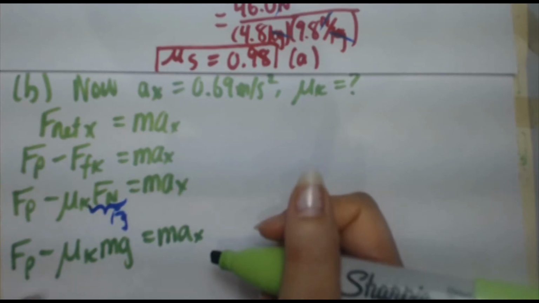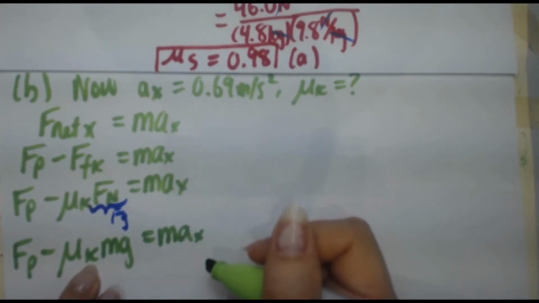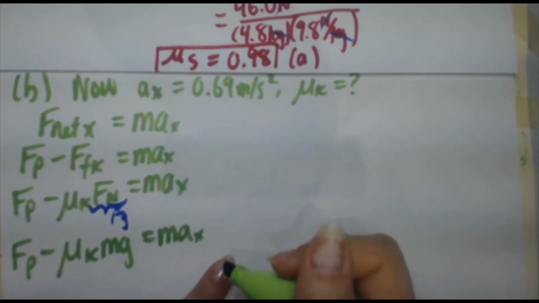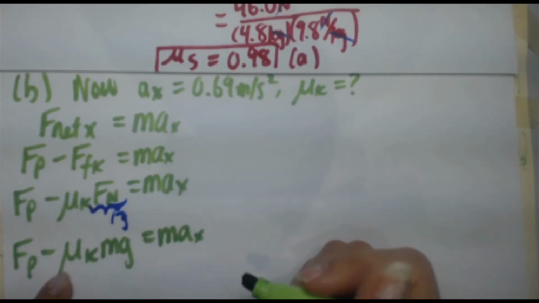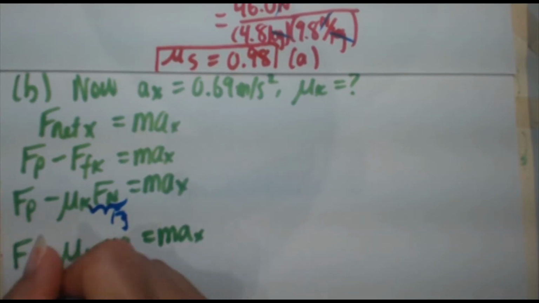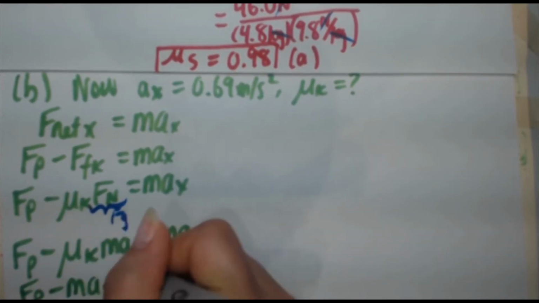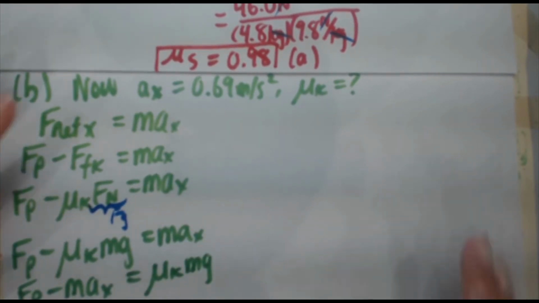Okay, now let's do this. How can we rearrange this? Let's bring the mu k mg on the right to make it positive. Let's bring the max on the left, right? Because we're solving for mu k, we want it to be positive. Okay, so Fp minus max equals mu k mg, right?